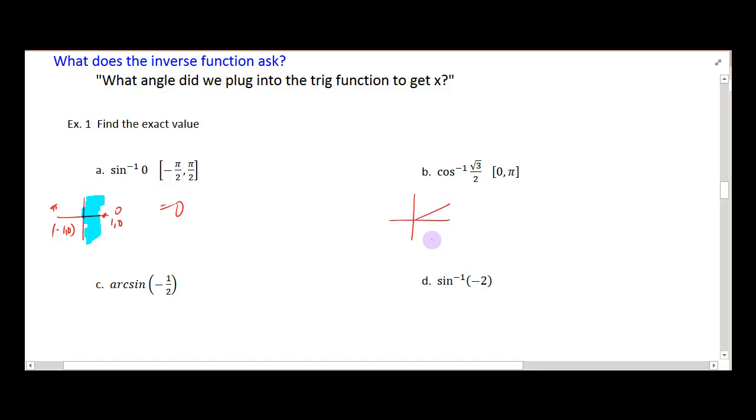I could be down in the fourth, but I'm thinking I'm here first of all. And the square root of 3 over 2 is the cosine of pi over 6, right? So the cosine of pi over 6 gives me the square root of 3 over 2.